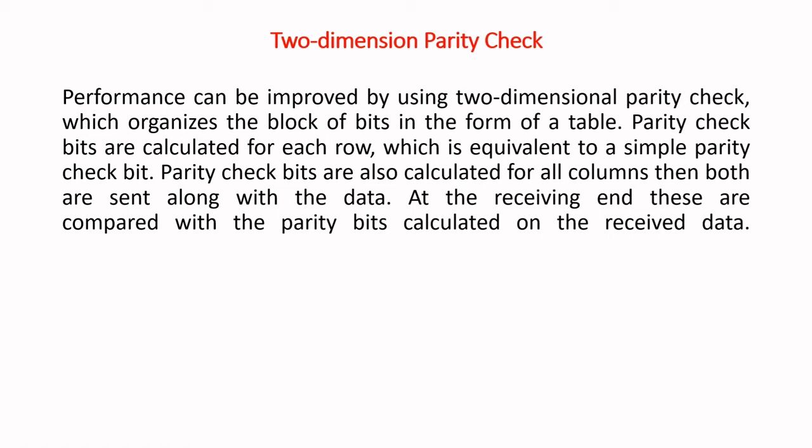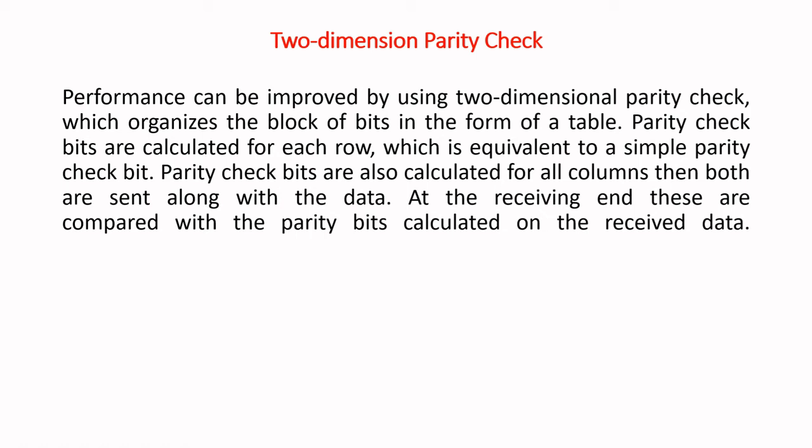That means if we are using a two-dimensional parity check, in two dimensions there will be rows and columns. So simple parity check will be used for each row and for each column also, and these parity bits are sent along with the data.